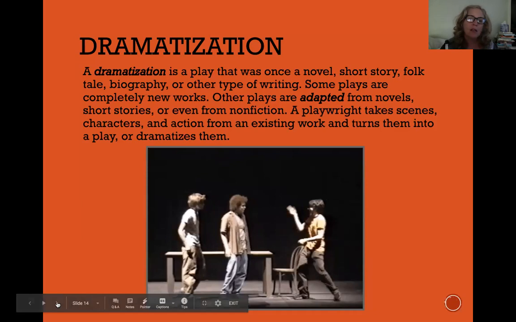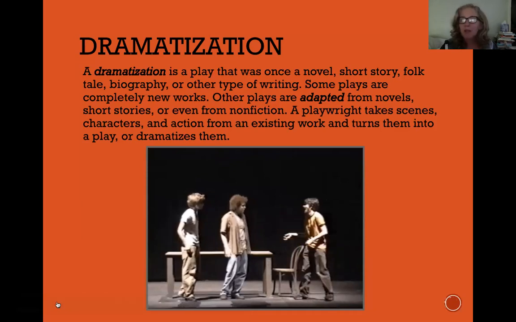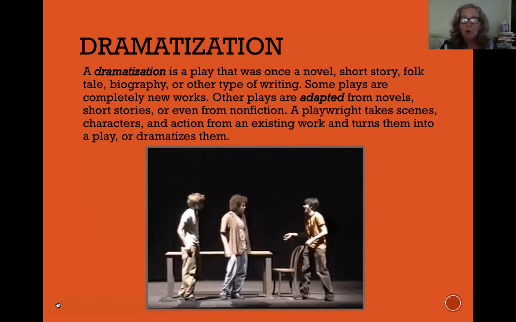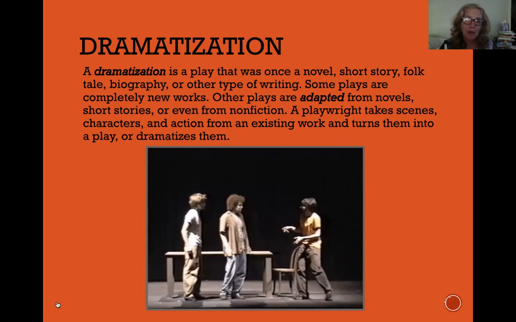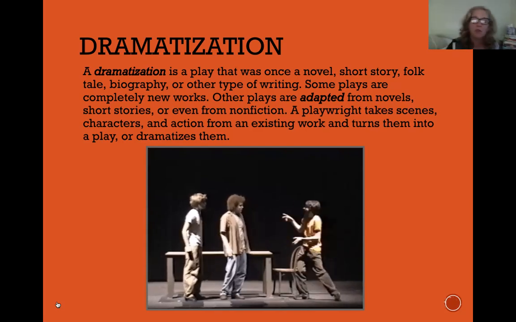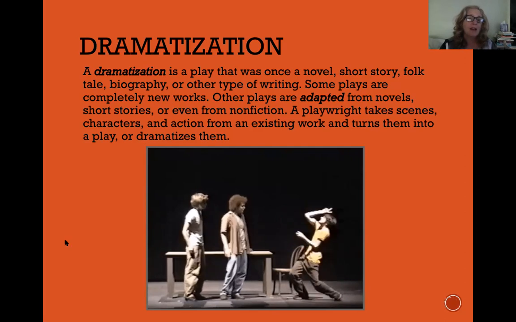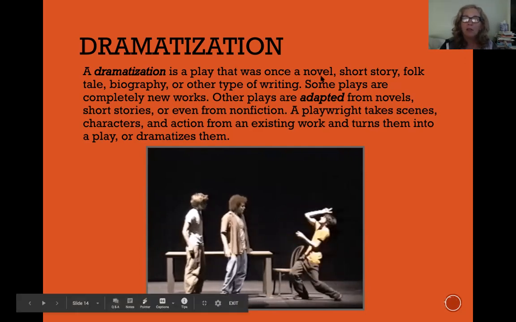Dramatization. So sometimes a play is something that comes from a book. I was able to watch To Kill a Mockingbird on Broadway, second row back with Jeff Daniels. Super memorable. It's one of those things I'll remember forever. But that was not a play that was written on its own. It was actually once a novel.